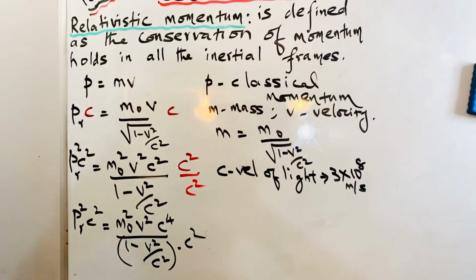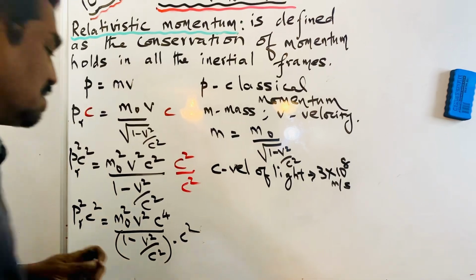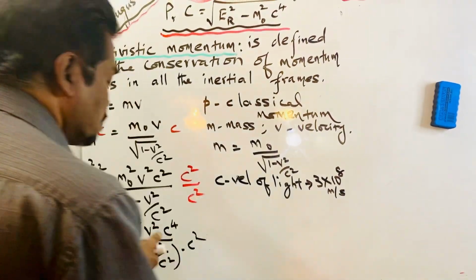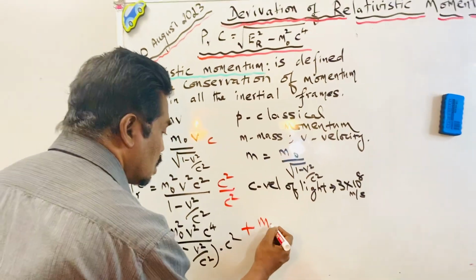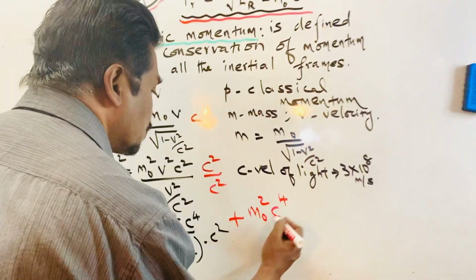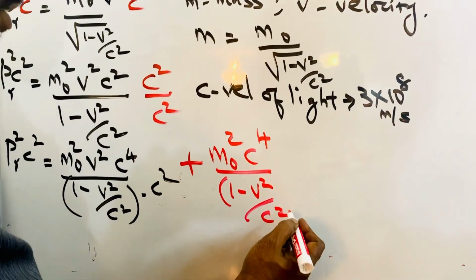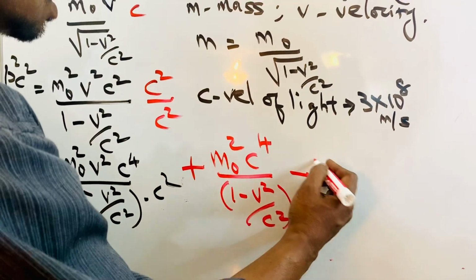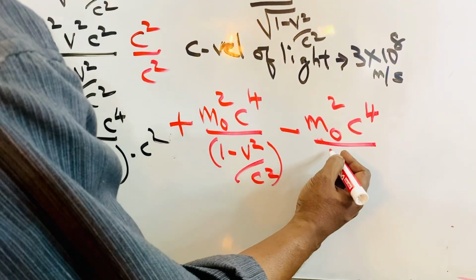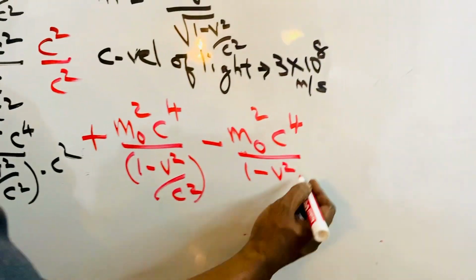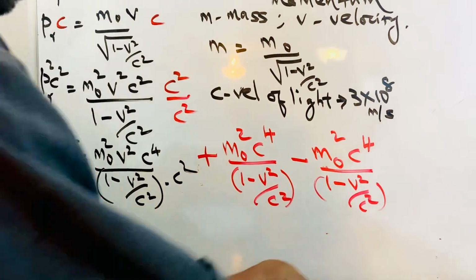Now what I have to do? I want to do another manipulation. So just add and subtract m0 square c power 4 over 1 minus v square over c square. Just I add and subtract, the value won't change.